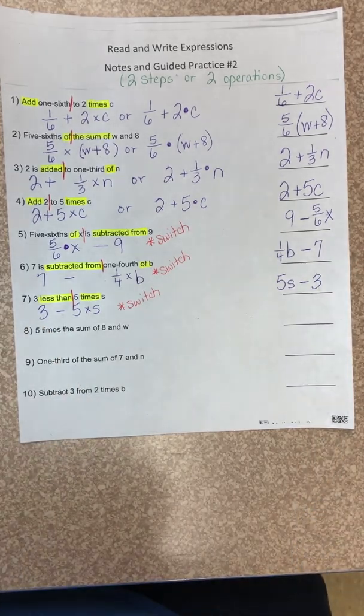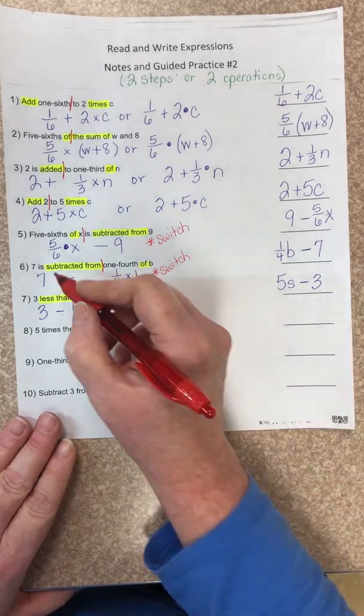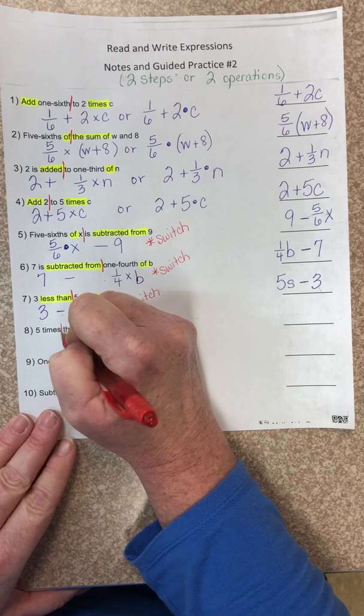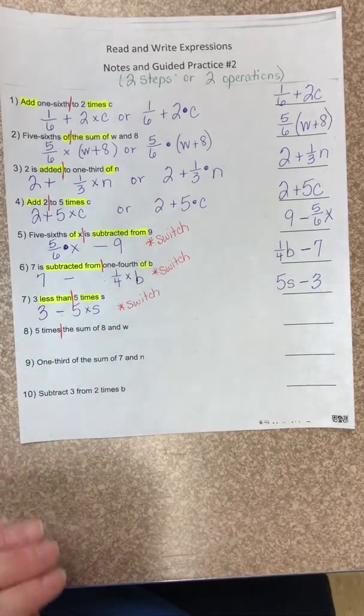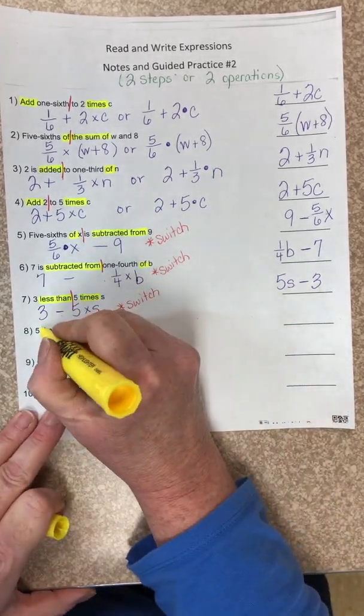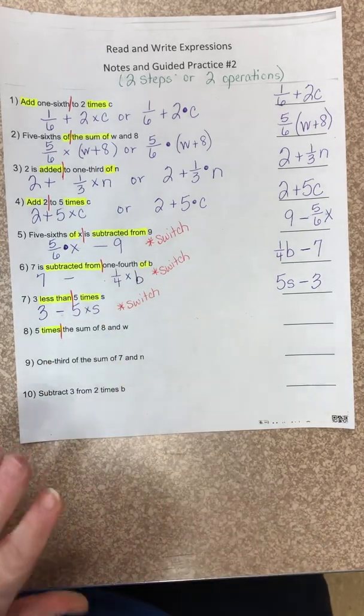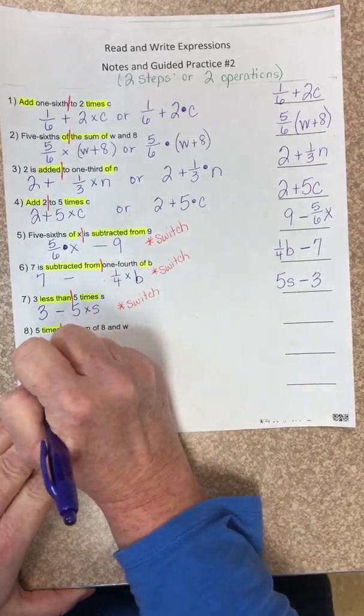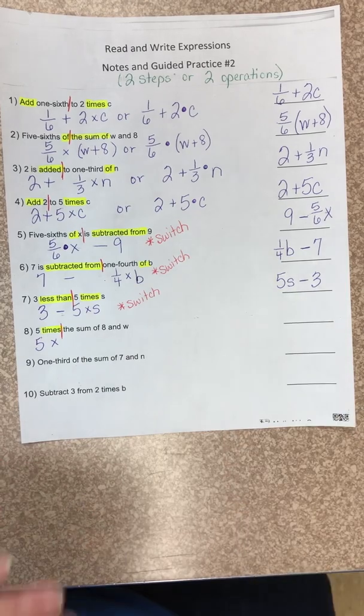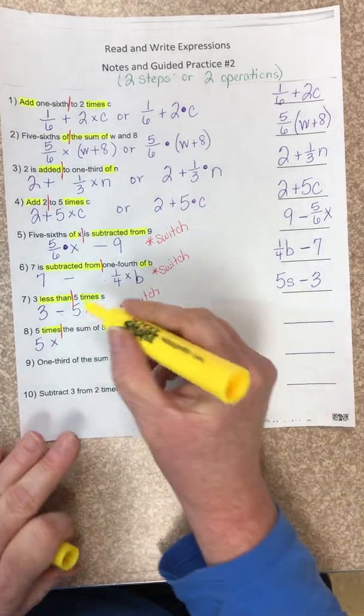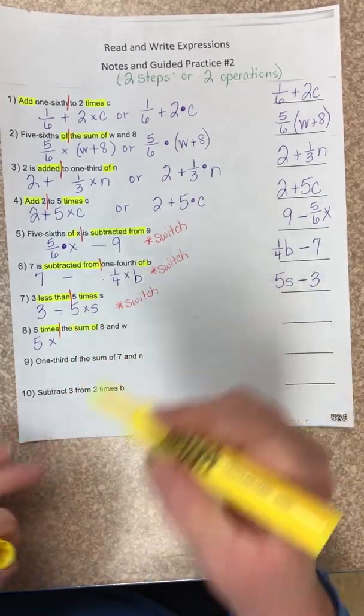Number 8, 5 times the sum of 8 and w. So I'm going to make my first mark here. Times is my first keyword, which means multiply. So I have 5 times. And notice where it says the sum of.